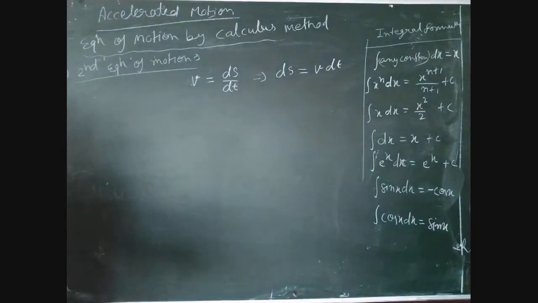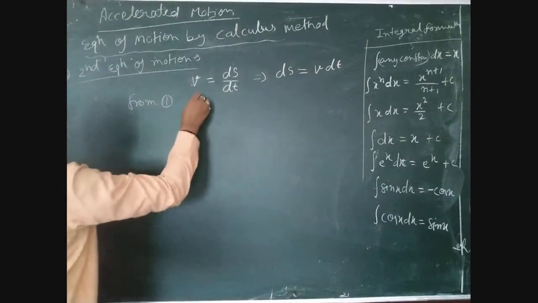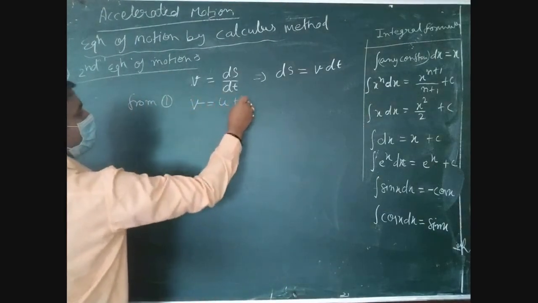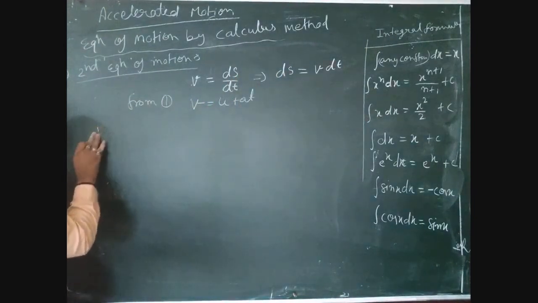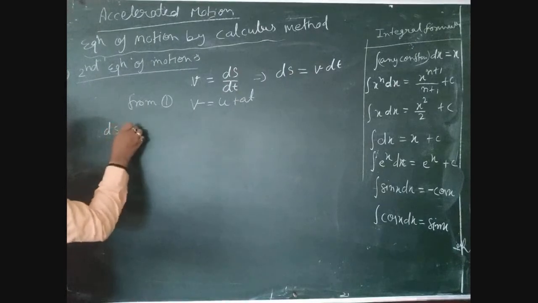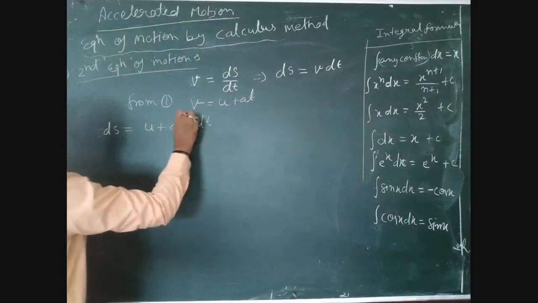Now from the first equation of motion, v is equal to u plus at. Using this result here, you will get ds is equal to u plus at dt.